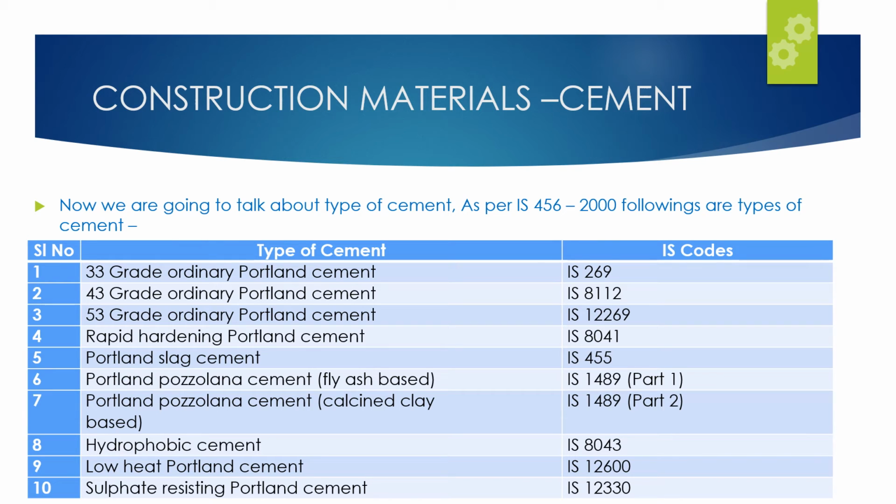Portland slag cement, IS 455. Portland Pozzolana Cement fly ash based, IS 1489 Part 1. Portland Pozzolana Cement calcined clay based, IS 1489 Part 2. Hydrophobic cement, IS 8043. Low heat Portland cement, IS 12600. Sulfate resisting Portland cement, IS 12330. So there are 10 types of cement as per IS 456-2000.